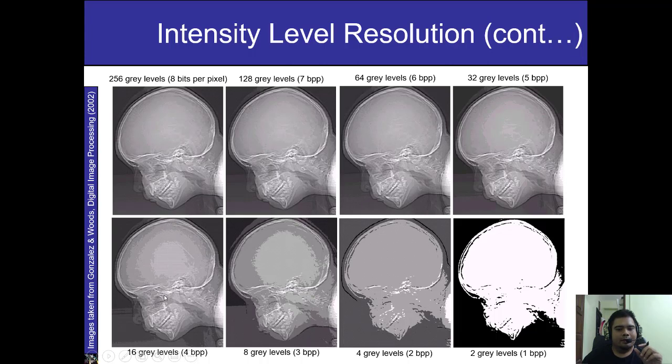Because now you only have 16 gray levels, or 16 available colors, while this one you have 256. I'm sure this area is lighter than this area, meaning that from here to here you are dropping the intensity, so it is very smooth changing.